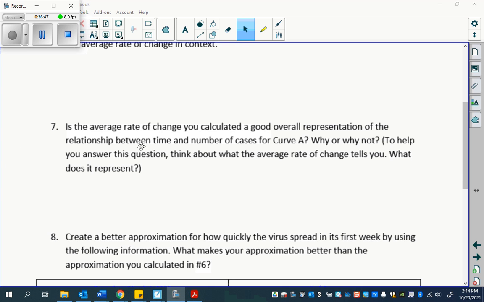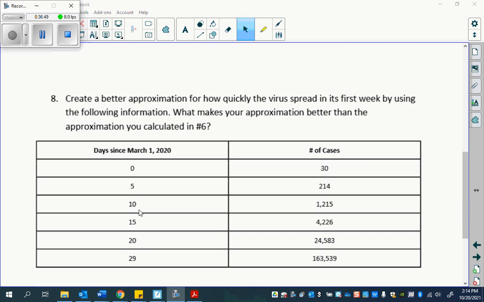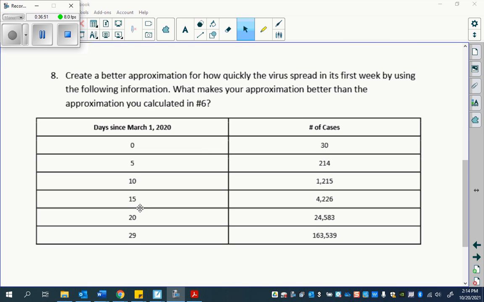So what we want is a better approximation for how quickly the virus spread in the first week using the following information. What makes your approximation better than what you did in number 6? So on day 0 we had 30 cases.